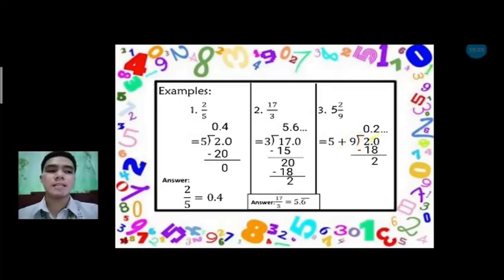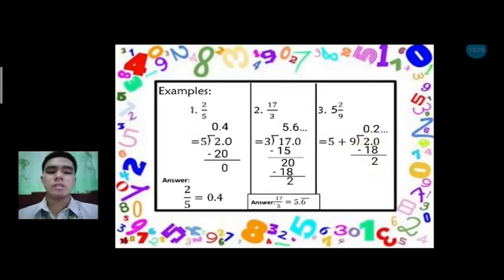We will add 0, same process as we did on the previous 2 examples. We add 0, and the number will become 20. So 20 divide 9 is 2. 2 times 9 is 18. Now subtract 20 minus 18 is 2.